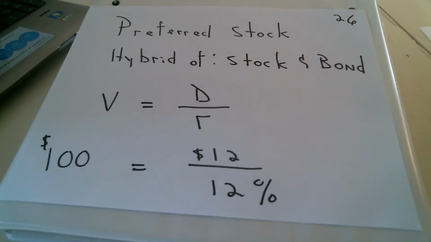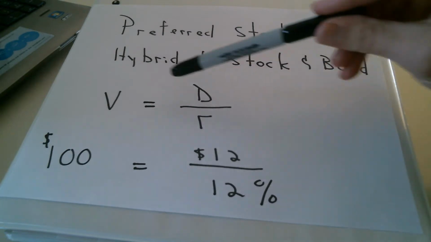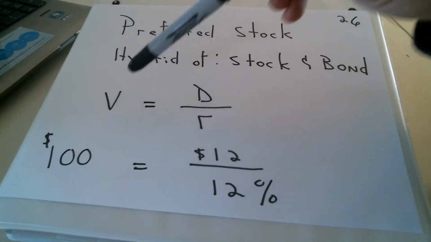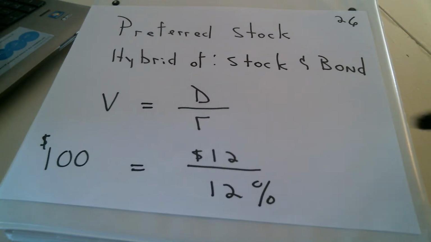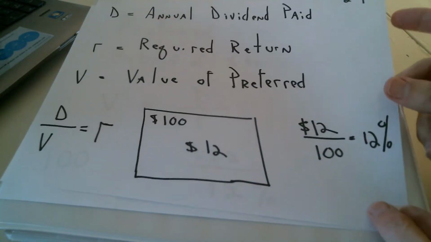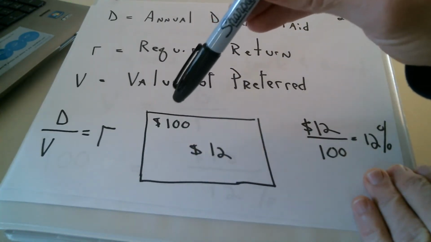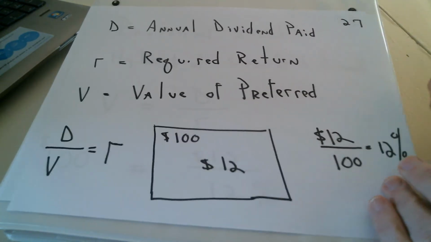Okay, really the last couple things here in this chapter. Preferred stock is really a hybrid of a stock and a bond. So we're given this pretty simple formula. The value of the preferred stock is its dividend over the rate. So for example, if this were treated like a bond, it might have a face value of $100, annual payment of $12.